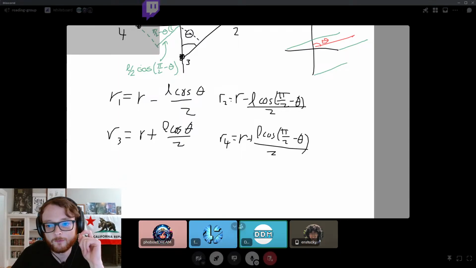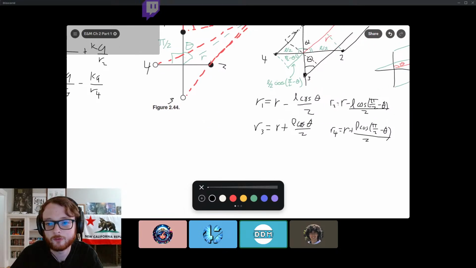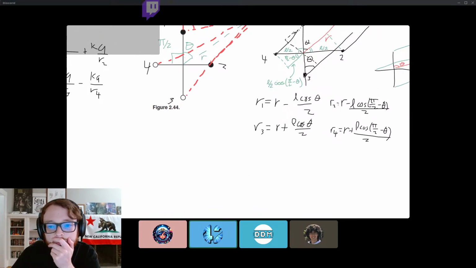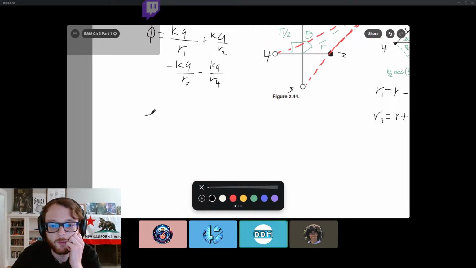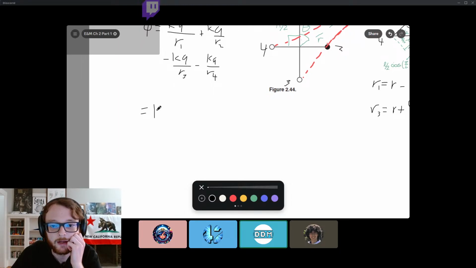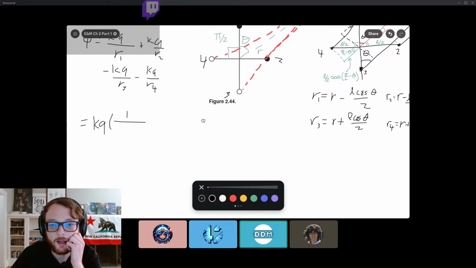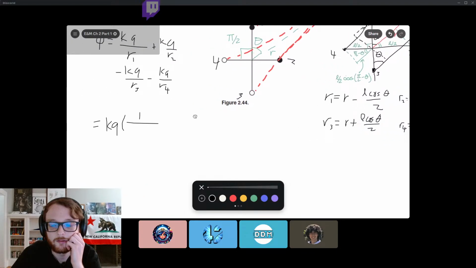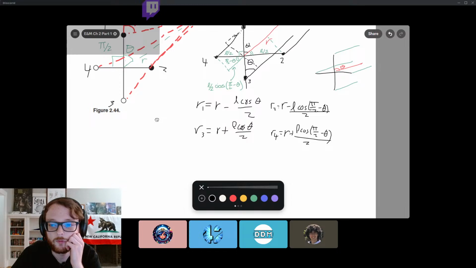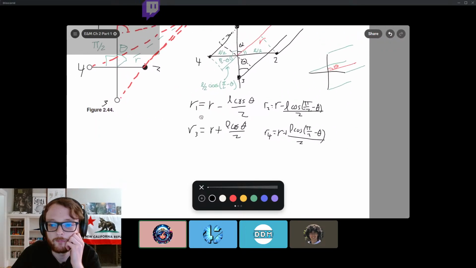Okay, and then from this point, they plug these R's in and they use an approximation. Okay, so I'm going to come back over to the left side of the whiteboard. Factor a KQ out. Do you say they plug them into something? Or they just add them together, like add all these R1s, R2s together? I'm just asking what you're doing.